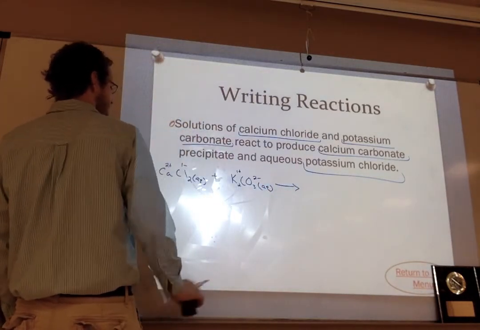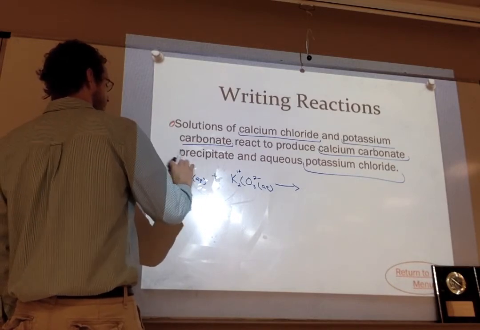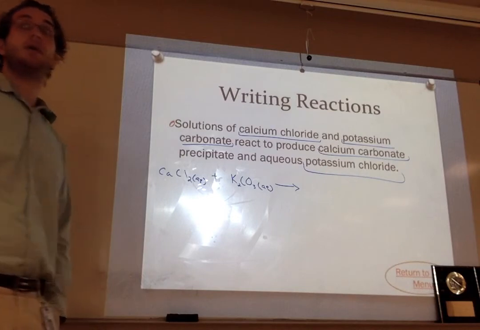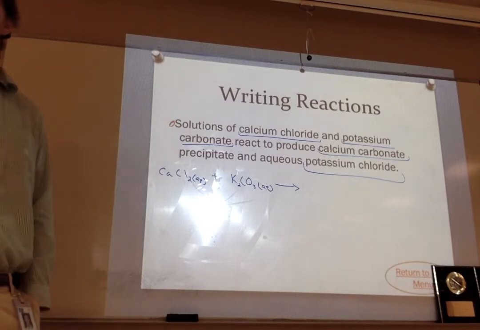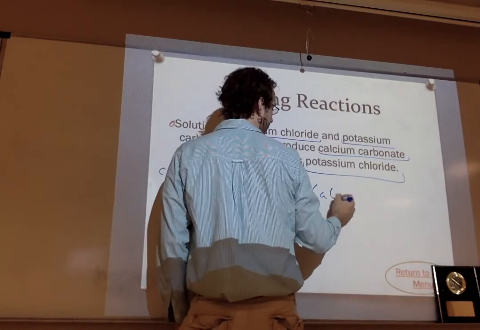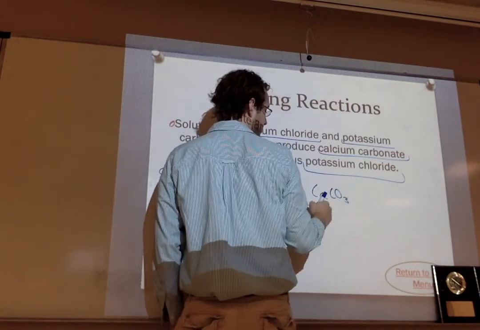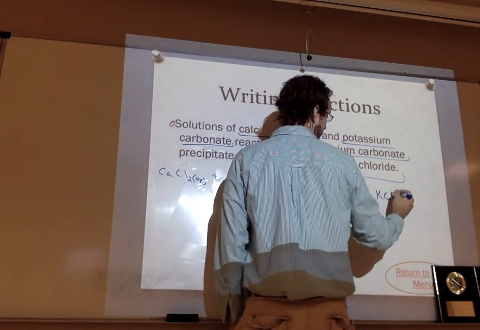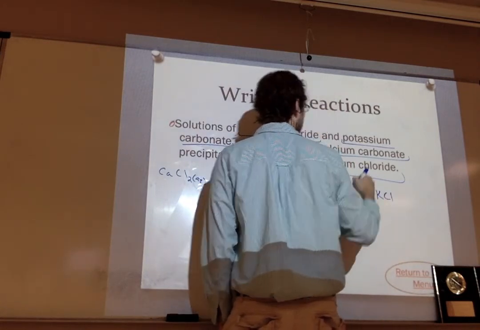What type of reaction is this? A double displacement. So I could potentially at this point ask you to figure out the products, which would be fine. But I took it a step further and told you. We got calcium carbonate: a 2 plus and a 2 minus, so that's going to be stable. Potassium chloride, KCl, 1 plus, 1 minus, stable.